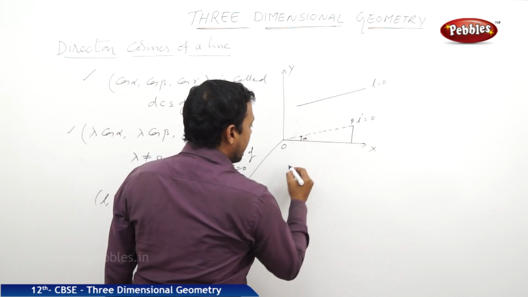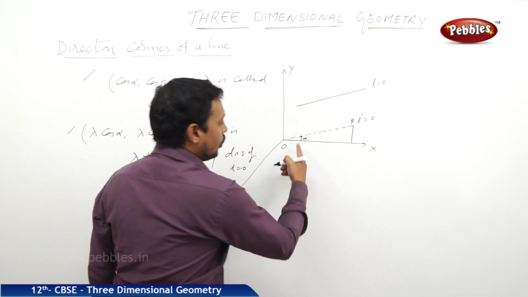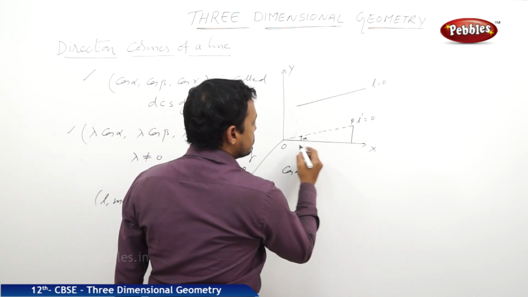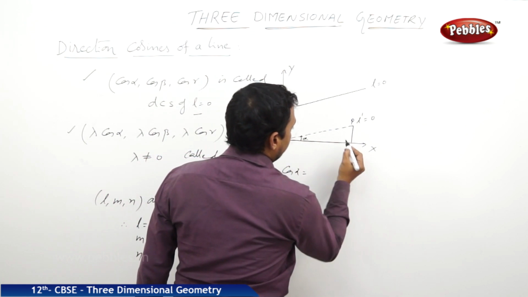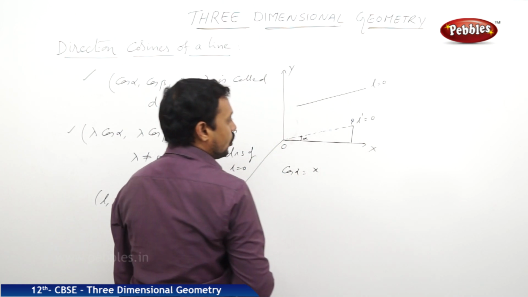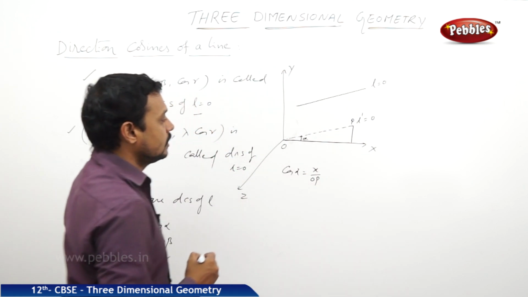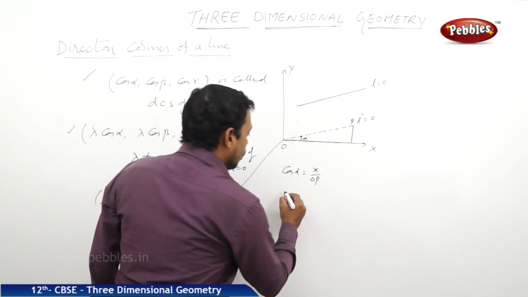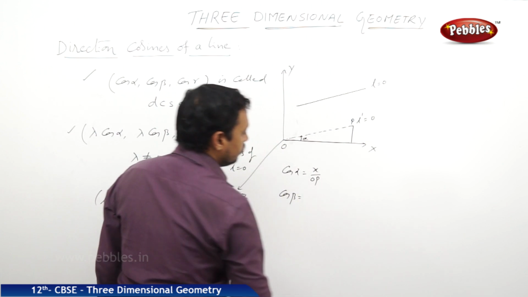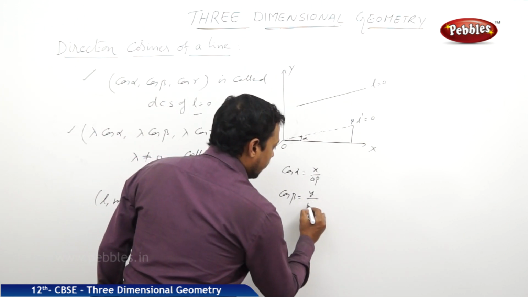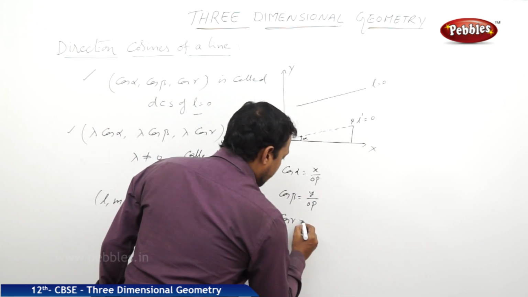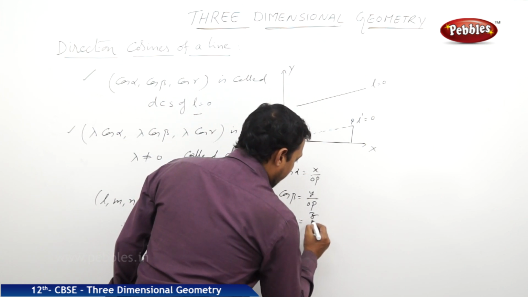From this diagram, cos alpha is equal to, of course, the x coordinate by OP. Similarly, cos beta is equal to y by OP and cos gamma is equal to z by OP.